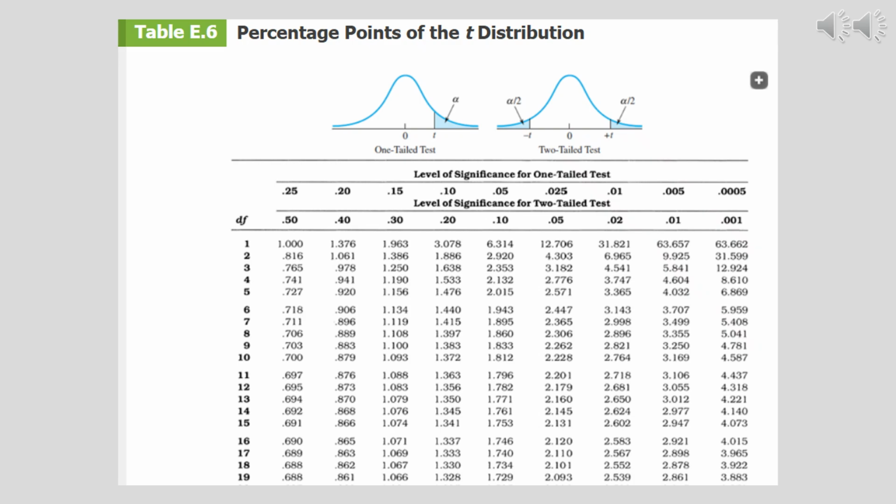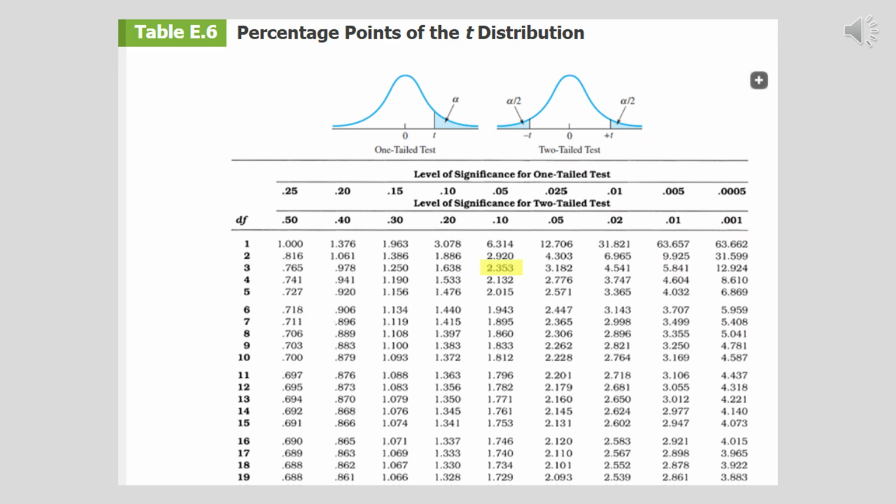Remember, our n was 5 people. There were 5 total people who gave scores. So n minus 2 here is going to be a degrees of freedom of 3. So we basically have to find the row that corresponds to 3, the column that corresponds to a level of significance for a one-tailed test of 0.05, and where those two things meet, that will be our critical value.